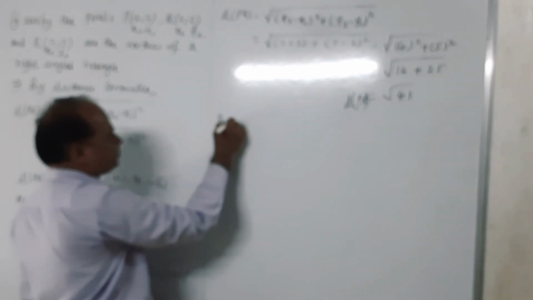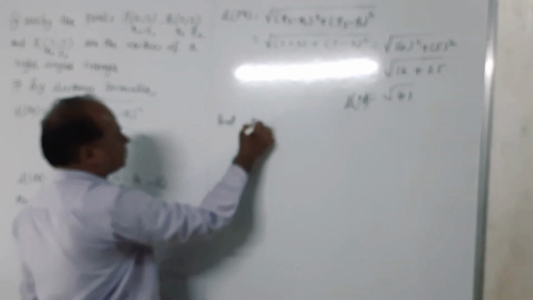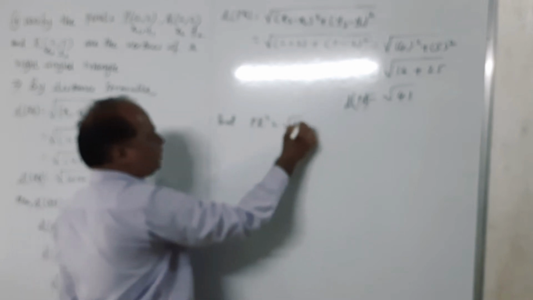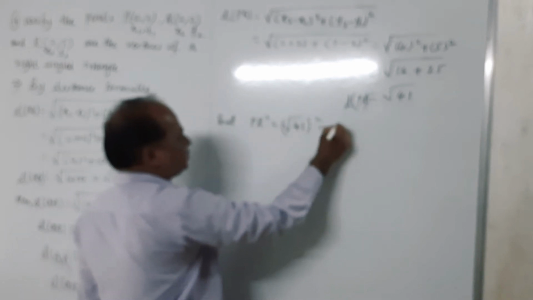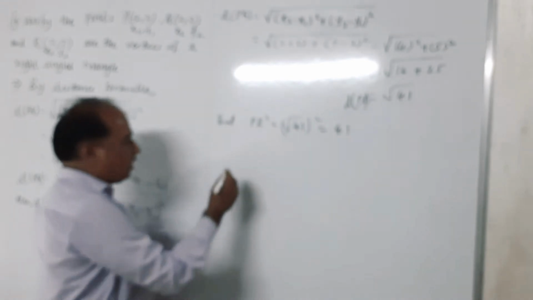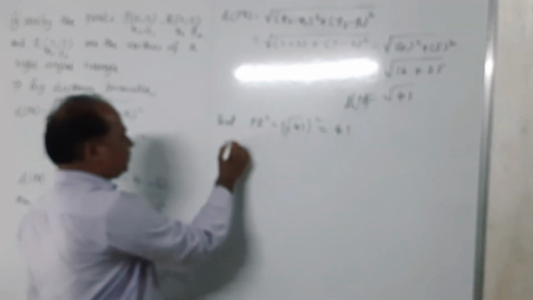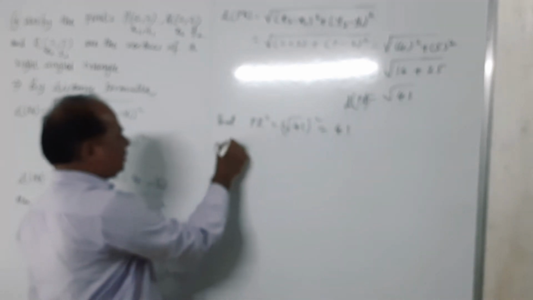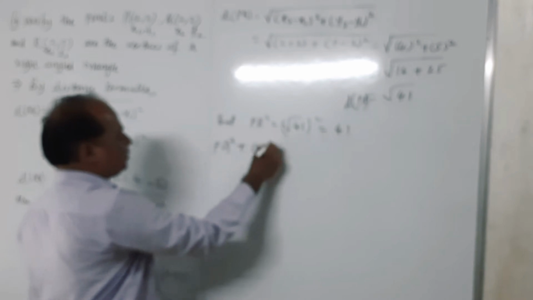But PR square, that is root 41 square, is equal to 41, and PQ square plus QR square.